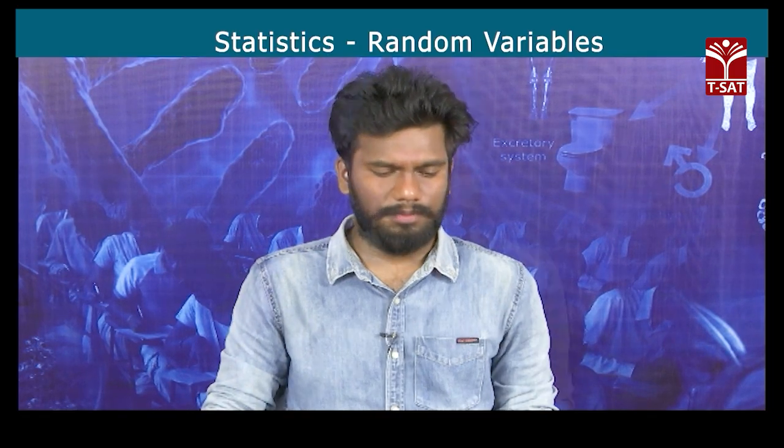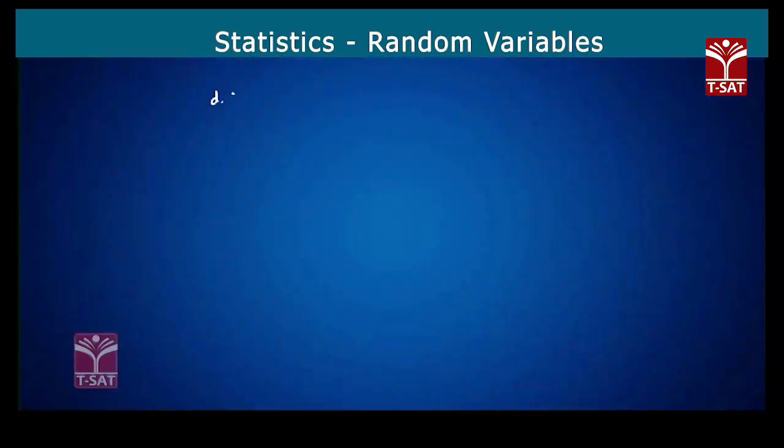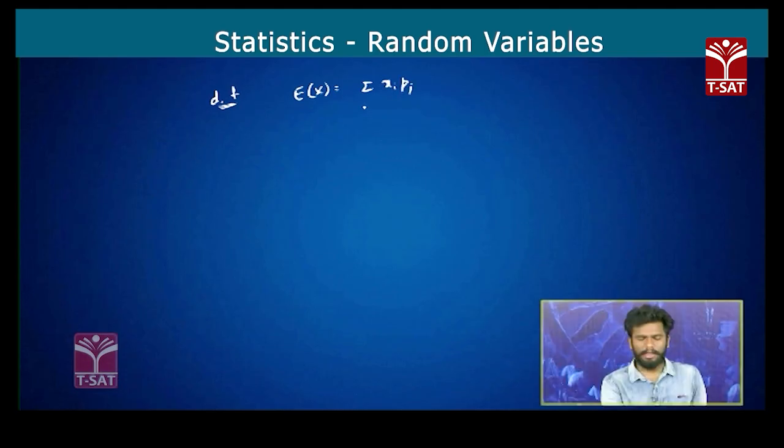Now we will see the expected values in the continuous distribution functions. In the discrete distribution functions, we have seen expectation of x is equal to summation xi into pi where i takes values 1 to n.